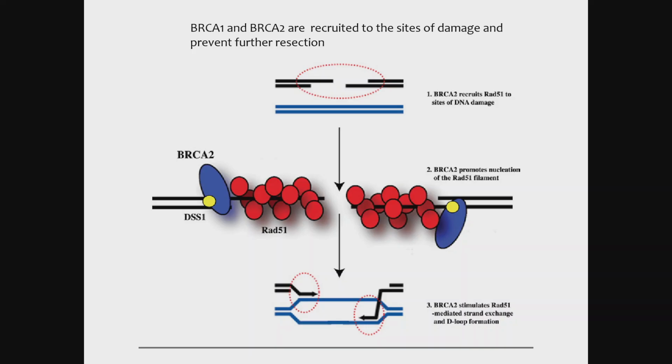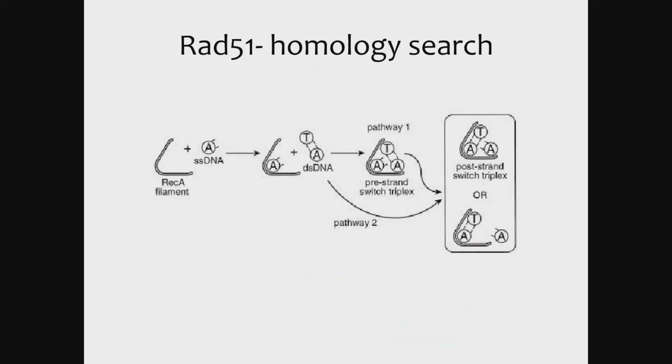But the sensors, the ones that recognize this, are the MRN complex, the Ku complex, or CtIP, that we will talk about in a few slides. But what I wanted to show you is a very nice molecular mechanism for how we can form this triplex and find the homologous strand.